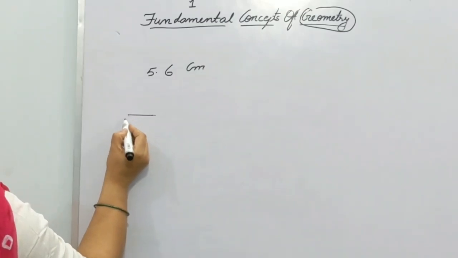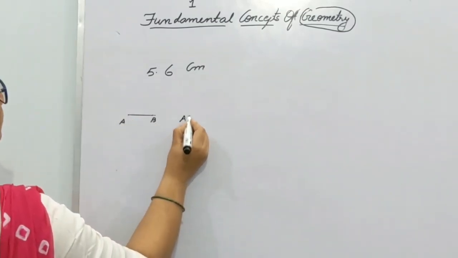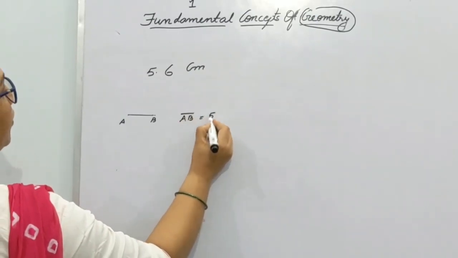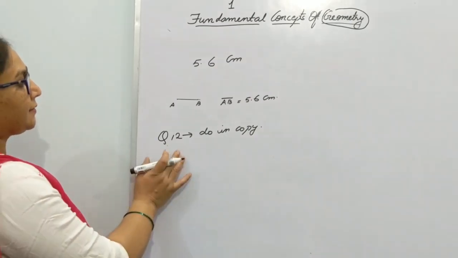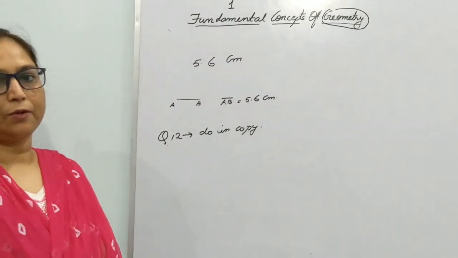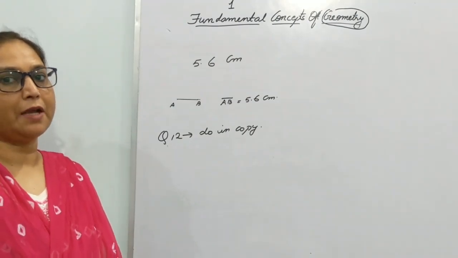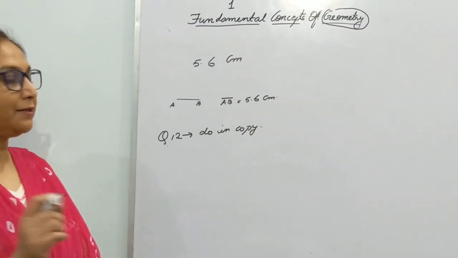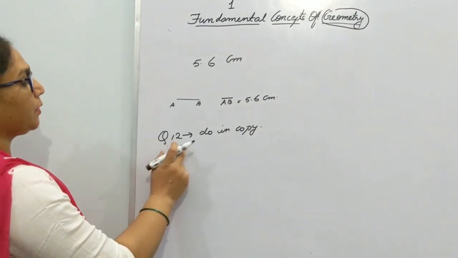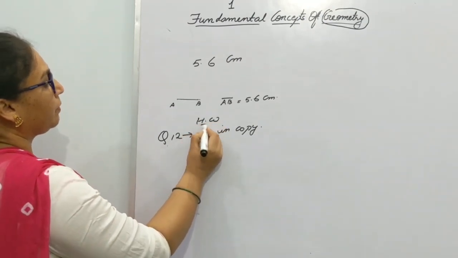Hence your line segment AB measures 5.6 centimeter. Students, the exercise questions of this chapter are very easy and totally theory based, which I have explained. So do them on your own in your book, except question number 12. Question number 12, do in your copy. This is your homework question from this chapter.